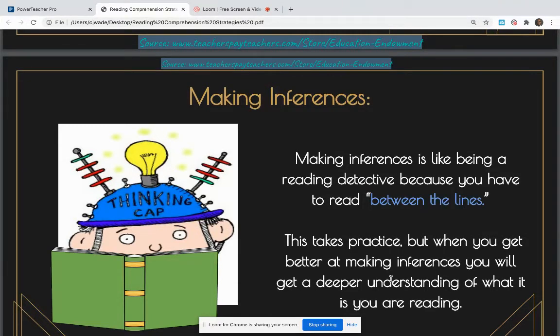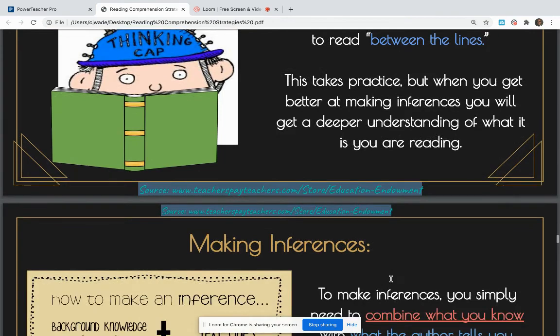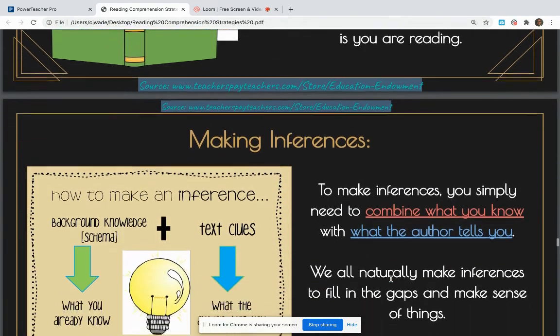Authors cannot put every detail into a book, or else books would be extremely long. So in an effort to make them shorter, they force the reader to read in between the lines. Now, this takes practice. It's not super easy. But once you get it, you'll have a deeper understanding of what you read. And what did I say?